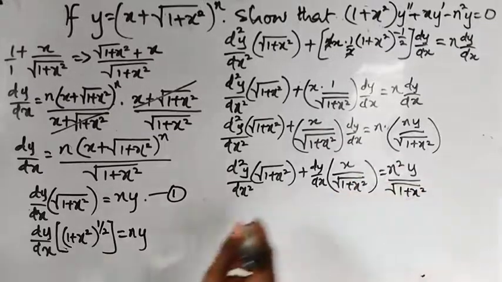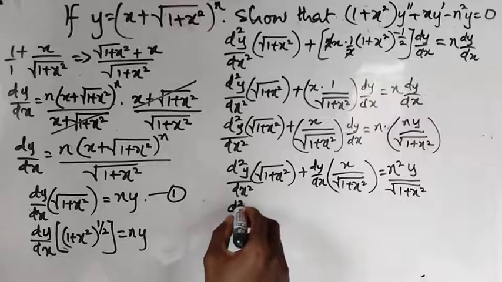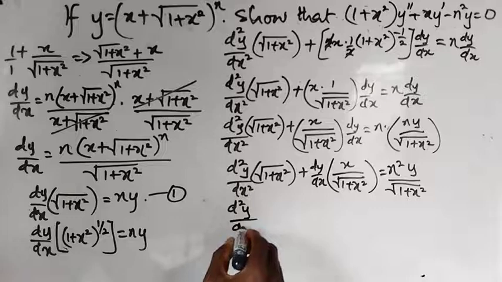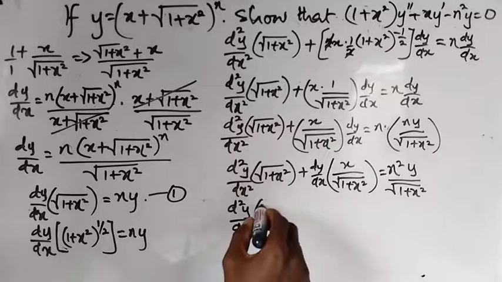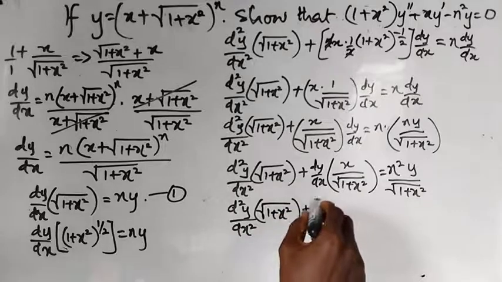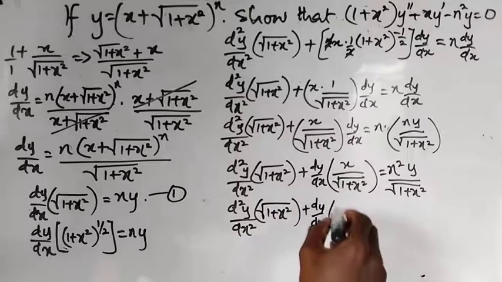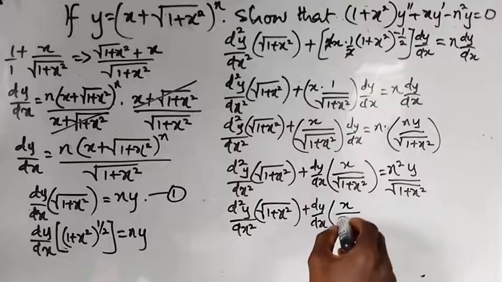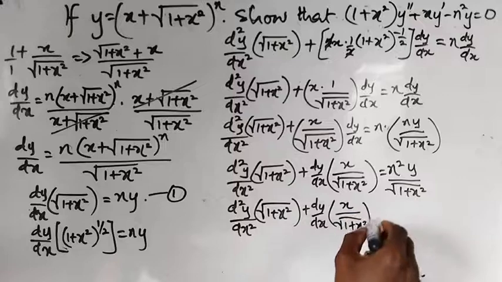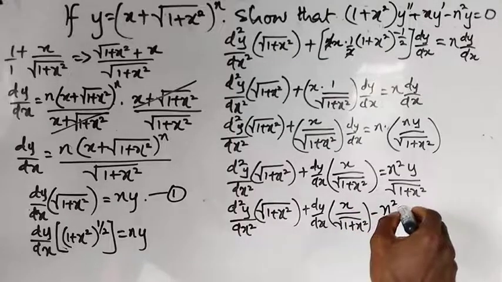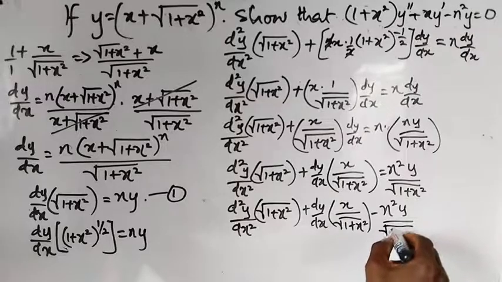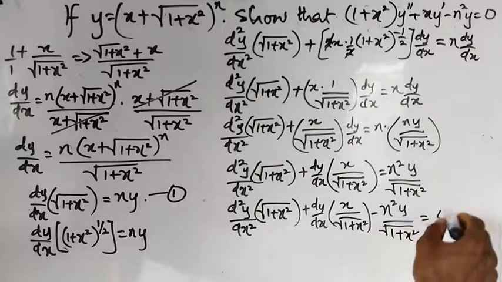All right, if we are to transpose this over to this side, we now have d²y over dx² times the square root of 1 plus x², then plus dy/dx times x over the square root of 1 plus x², then minus n²y over the square root of 1 plus x², all equals what, 0.